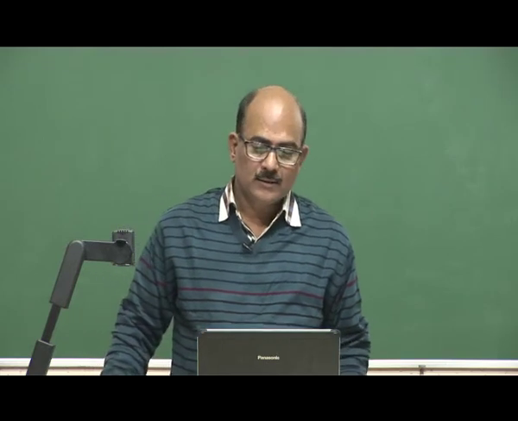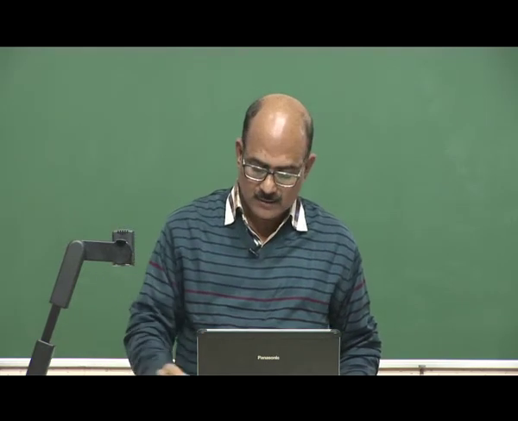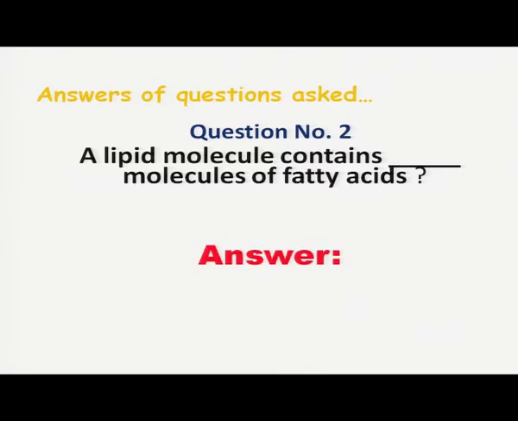Because the glycerol molecule has 3 OH groups, 3 molecules of fatty acid combine to form triglyceride. So, that one is the simplest fat which is made by 3 fatty acids and 1 glycerol molecule.